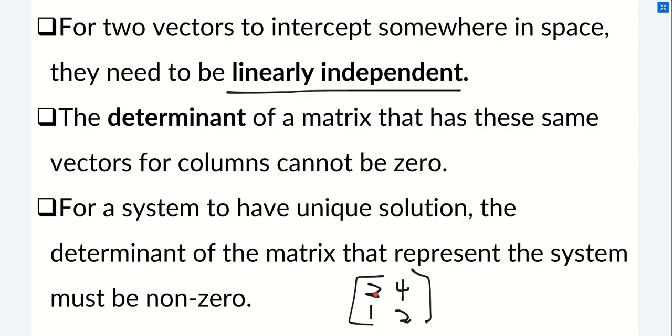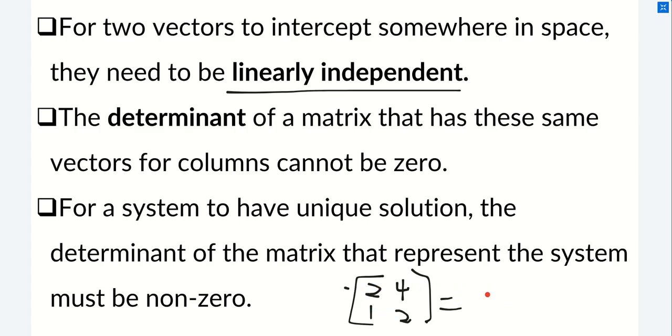So we say that this column space is equal to 1, because if you multiply this one by 2, you get this.